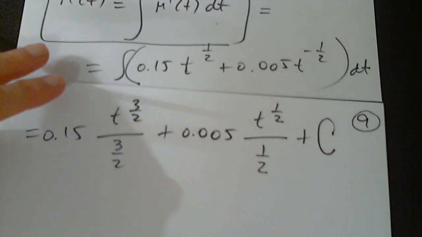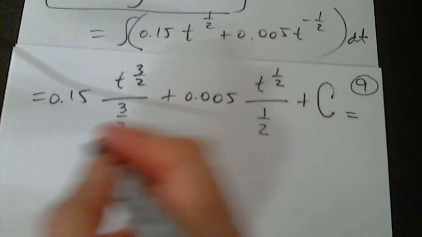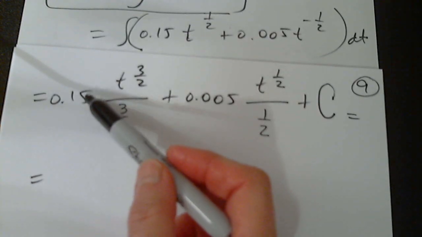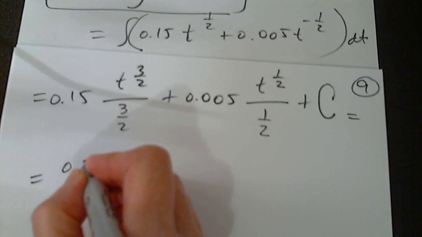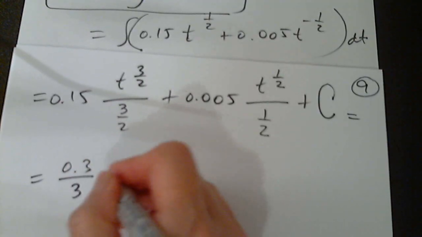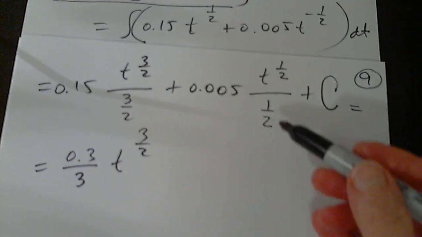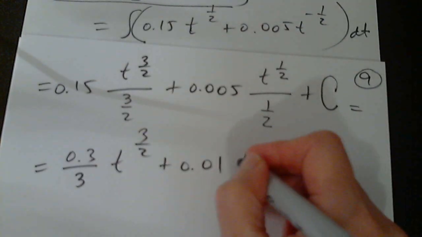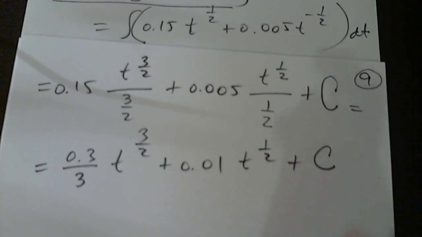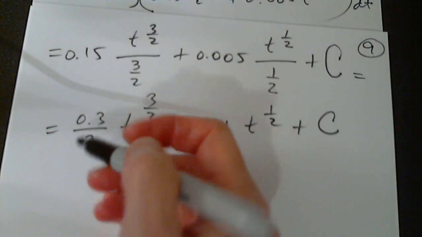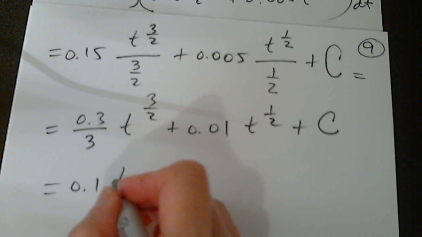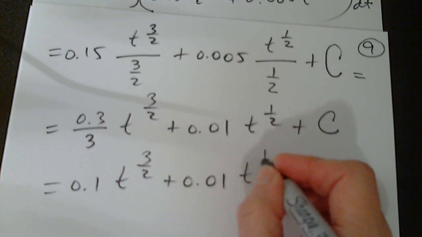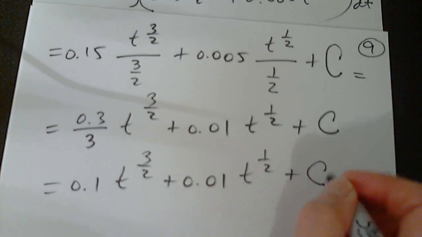I have to flip and simplify a little bit. When I multiply this by 2, I get 0.3 divided by 3, t to the 3/2. When I multiply this by 2, I get 0.01 t to the 1/2 plus a constant c.